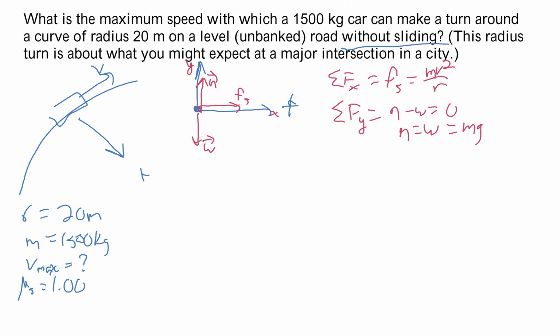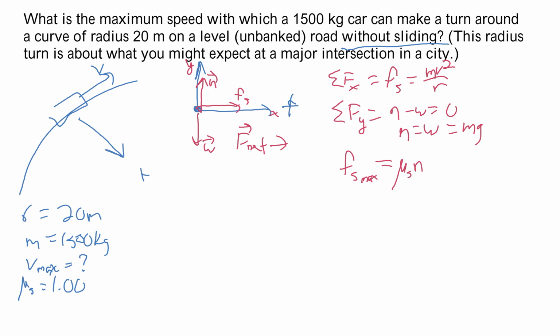Now, by the way, in this figure, we have an acceleration going off to the right. So we have F net to the right. And that's why we had the mv squared over r. Now, we know from earlier in the year that when we have F sub s max, we will be able to say mu sub s N. We cannot say mu sub s N unless we are looking for the maximum possible static friction force.